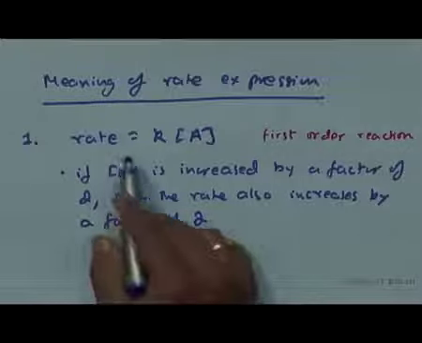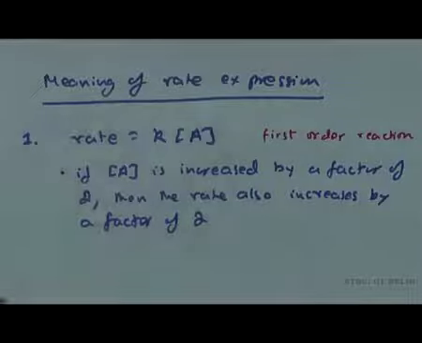Straightforward, right? Rate is equal to k times A. So, increase concentration A 2 times, the rate also increases 2 times.